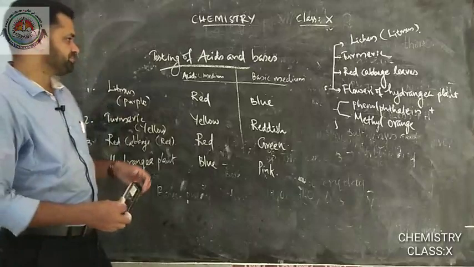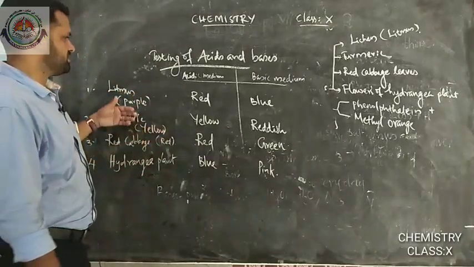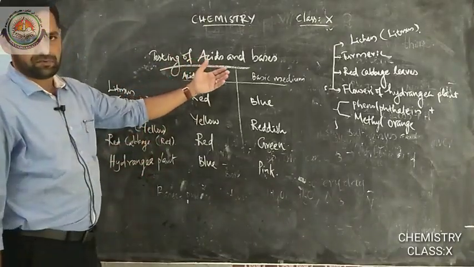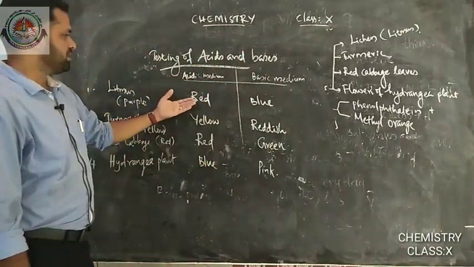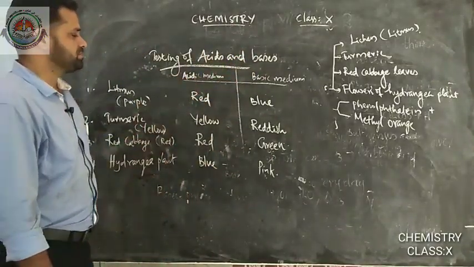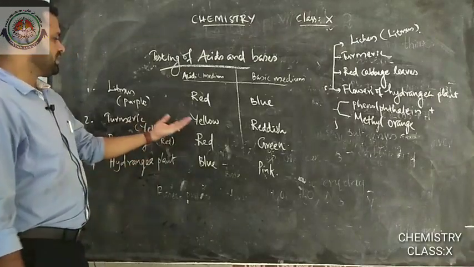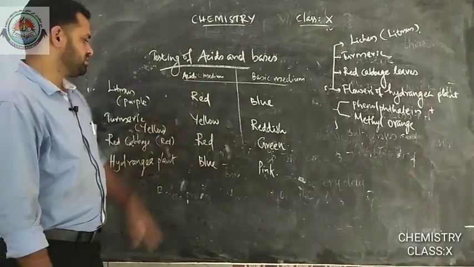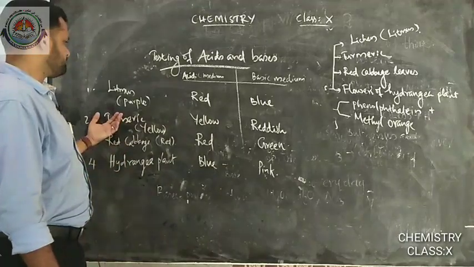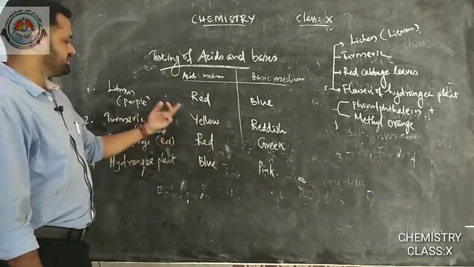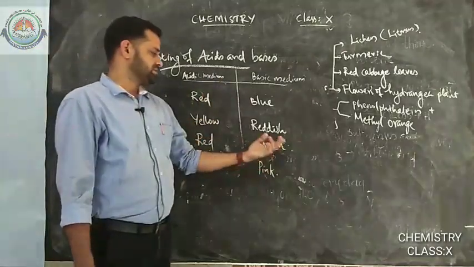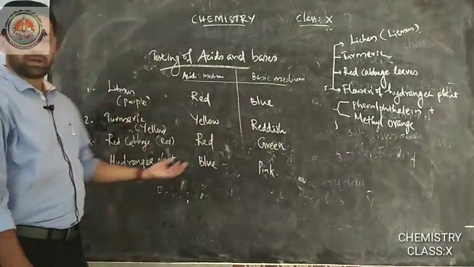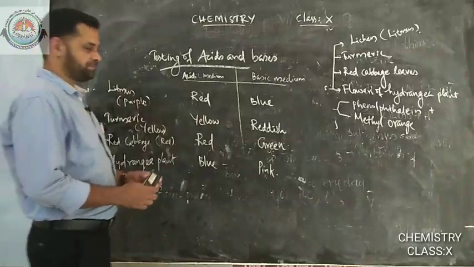So, these are the color changes in the case of natural indicators. Litmus solution is red in acidic medium, in basic medium it is blue. Turmeric is yellow, and in basic medium it is reddish. And red cabbage leaves are red in neutral or acidic medium, but in basic medium they are green. Then hydrangea is blue and pink. Okay.